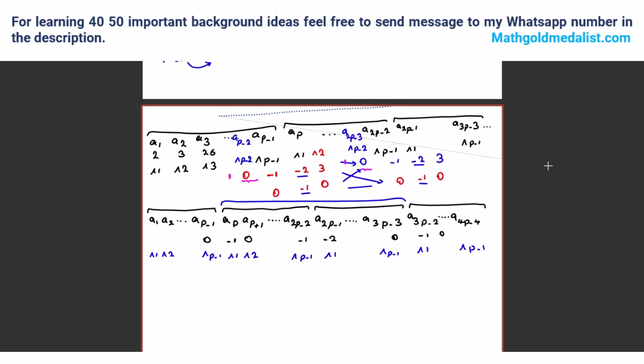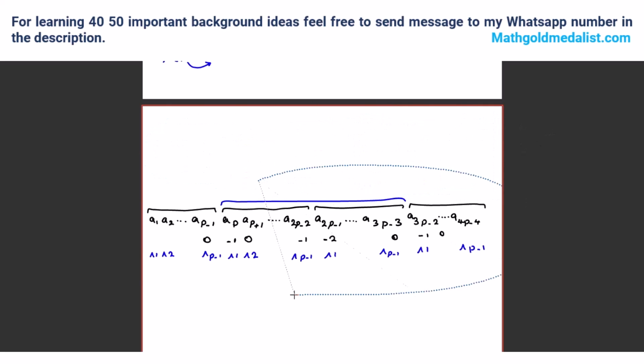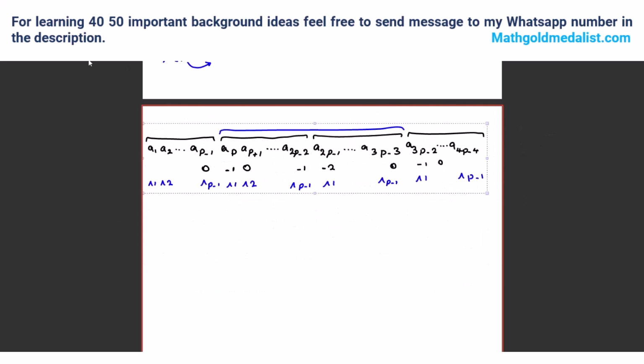Okay, now we can consider, let me erase this part, the length of this period is 2p minus 2. Okay, and it's not important whether it starts from negative 1, negative 2 here, or negative 2, negative 1.